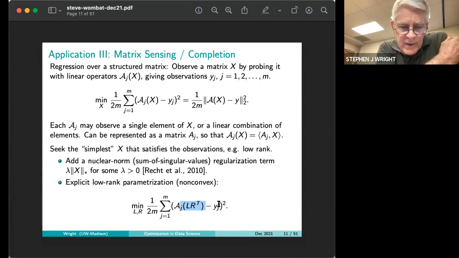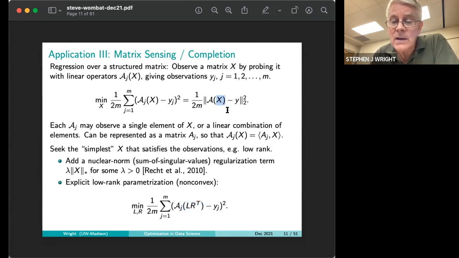It's individually convex in L and R, but jointly in L and R, it's not convex. And so for a long time, it was thought that that's a bad thing to do. We really have to work in the original space. The problem is that the total number of elements in the original X is much bigger than the number of elements in L and R combined. And so this formulation is much more compact, even though it's non-convex.